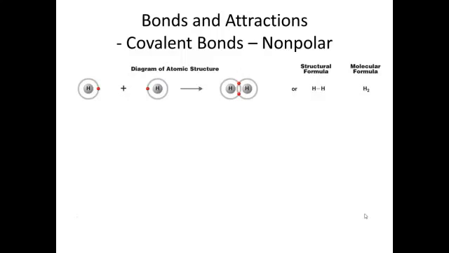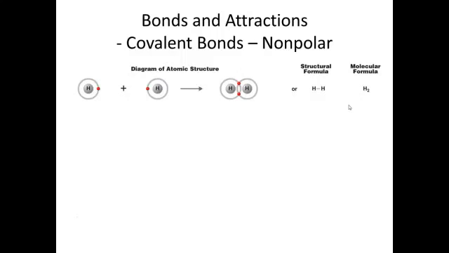Now it would really like to have 2 electrons in its outside orbital. So what it does is it gets together with another hydrogen and they share the electrons. They go zipping around both protons. We call this a covalent bond. And we represent this as a single line between the letters that designate the element. Or we can show it this way, with the subscript 2 indicating that there are 2 hydrogens.